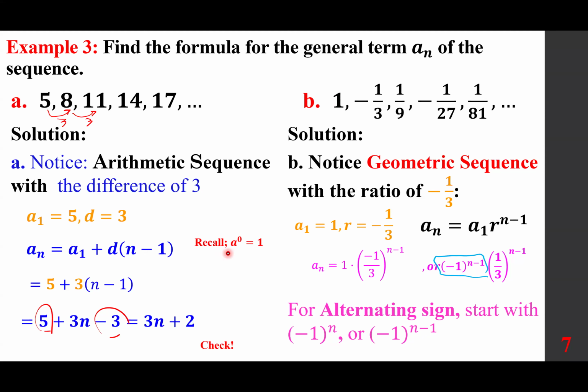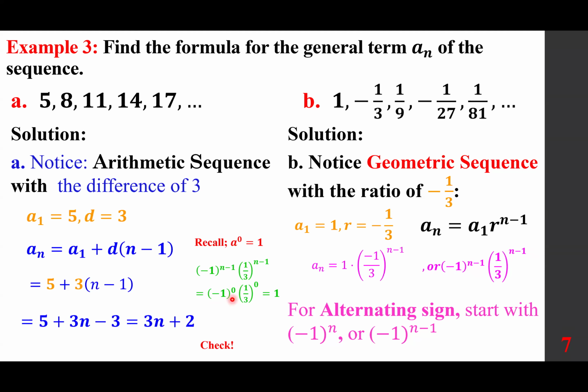Okay. Now, you have to check. And to check, let me just erase my work. We are going to put 1 in here, then 2 here, and 3. I'm going to do one of them. So if I put number 1 in here, I get negative 1 to the power of 1 minus 1, which is 0, over 1/3 to the power of 1 minus 1, which is again 0.